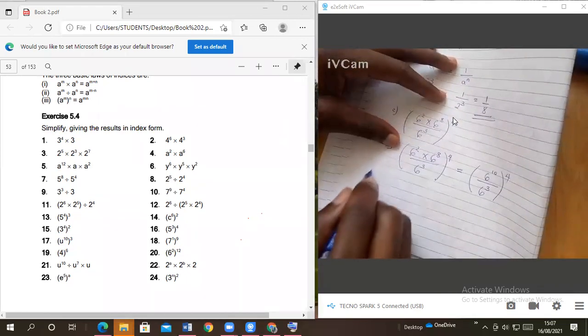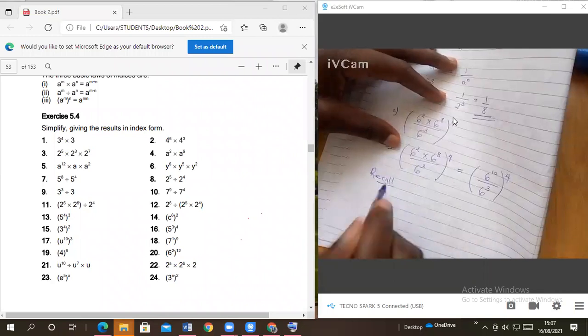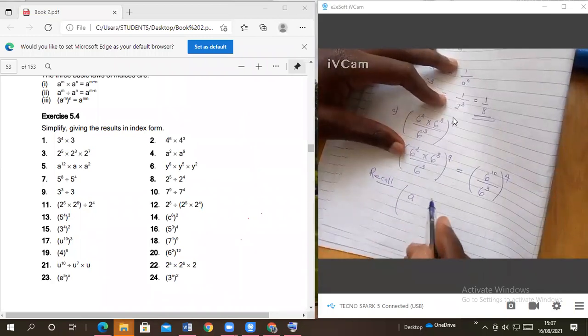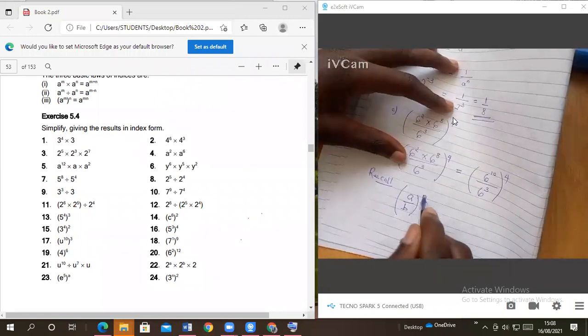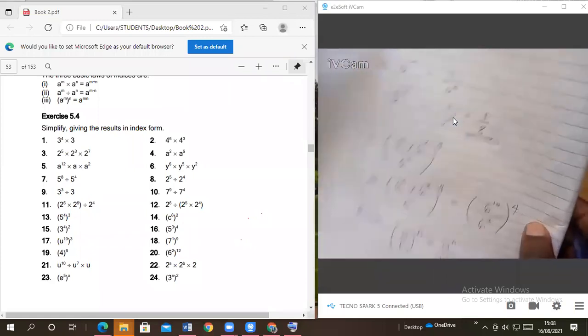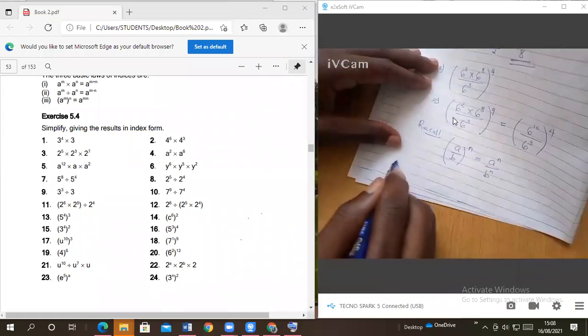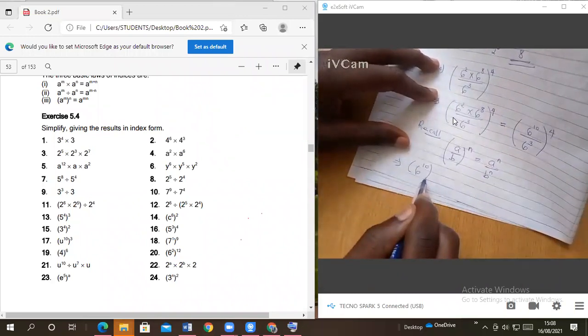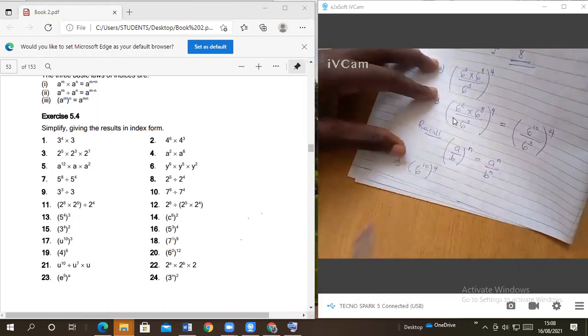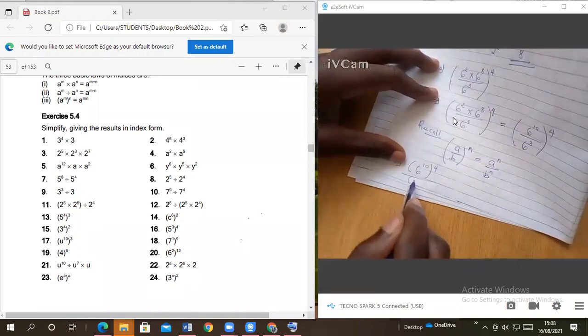Recall, I said if I have A over B, but raised to another power n, this power is distributed to all of them. So it's going to be A to the power n divided by B to the power n. Do you remember that? So that's the law we are going to apply. This one will be 6 to the power 10, raised to another power 4, divided by 6 to the power 3, raised to another power 4.